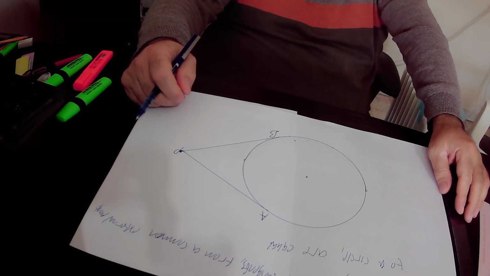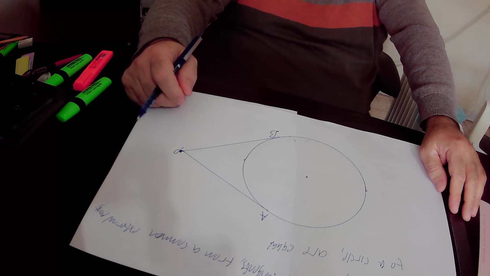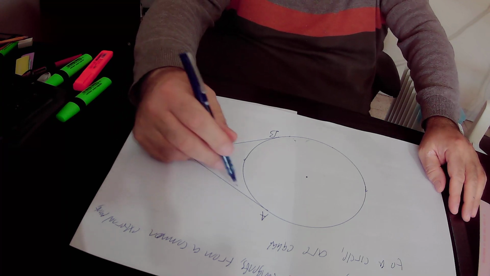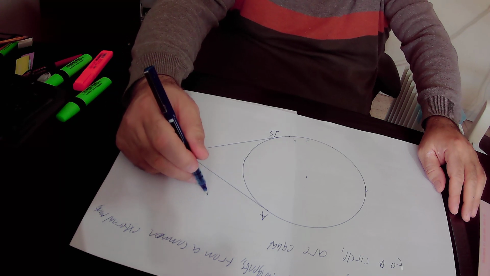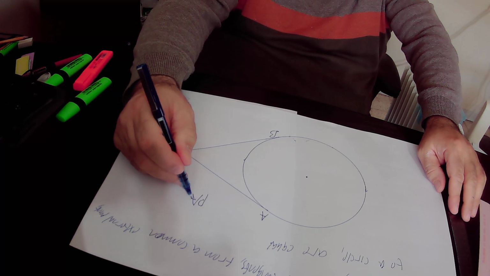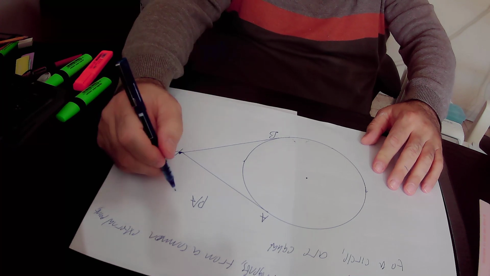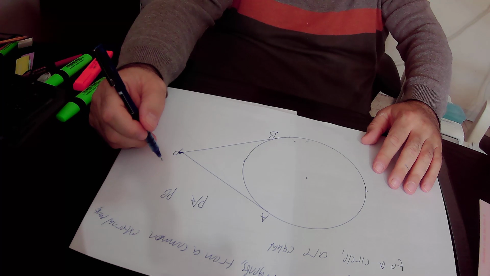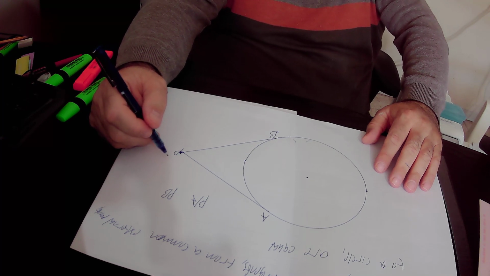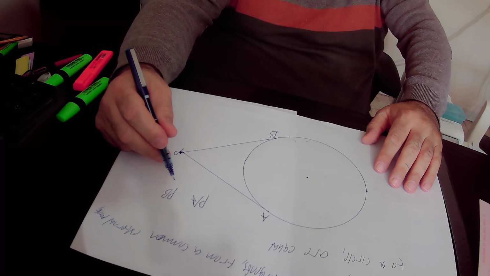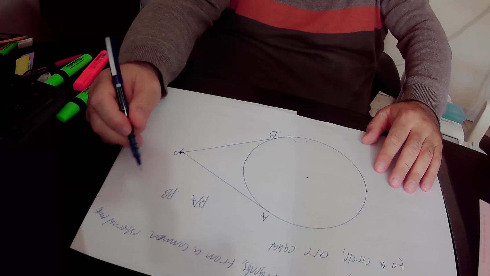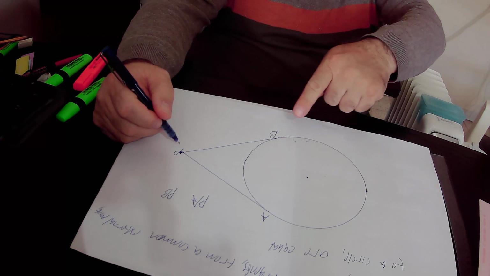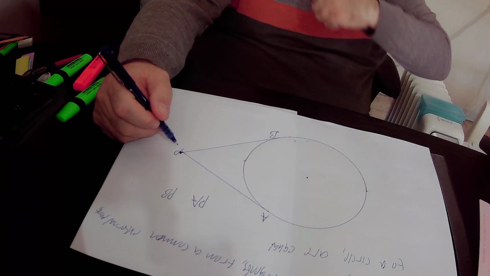And according to rule number one, the lengths of two tangents, that is to say, the length of the first tangent is PA, and the length of the second tangent is PB. From a common external point, point P, to a circle, touching at points A and B, they are equal.